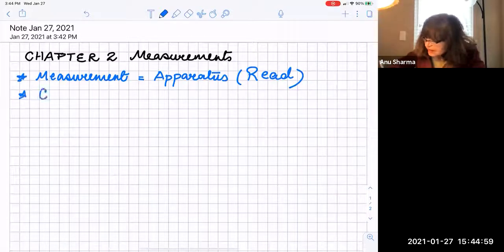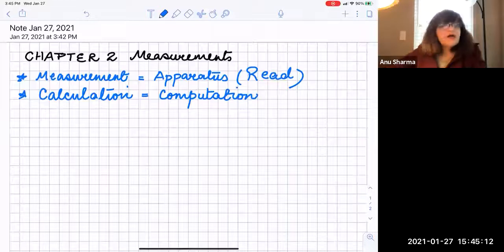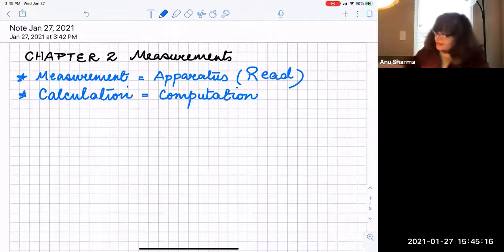Calculations is different. Calculations is when you are actually performing the computation. So mathematical computation, which is based on the rules and the formulas, whatever the rules are for the chem. Just now we discussed that. So that's one thing. Now, here's the thing.